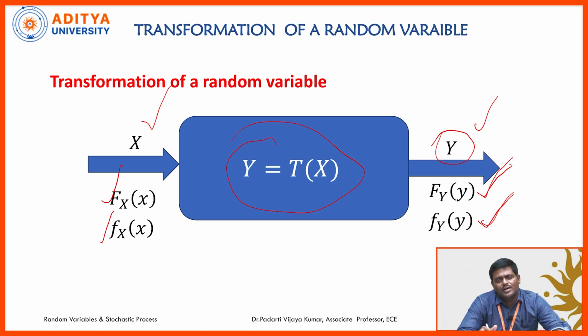We need to transform one random variable to another random variable, or we generally express one random variable in terms of another random variable. For example, when we are comparing the mileage of a car, one car is described with a random variable x, and another car's mileage is described with a random variable y. Assume the second car is providing twice the mileage when compared with the first car.